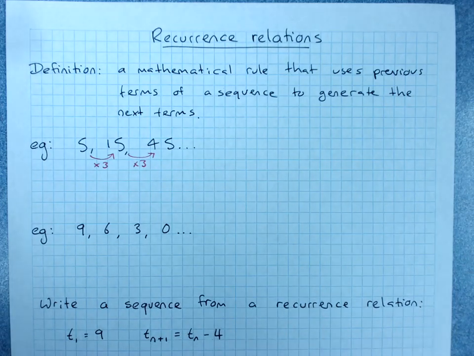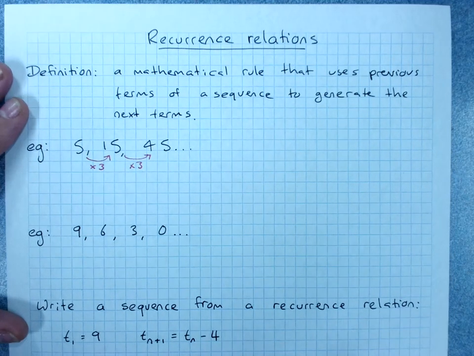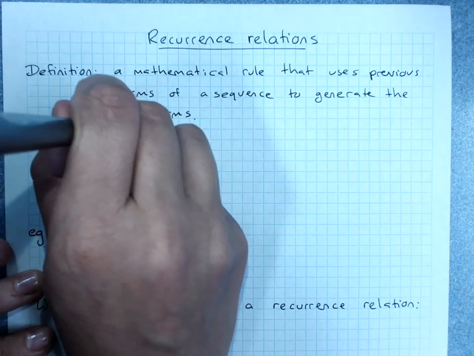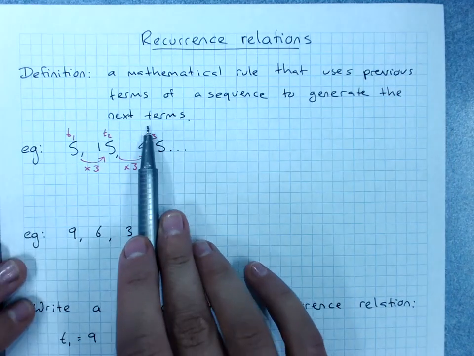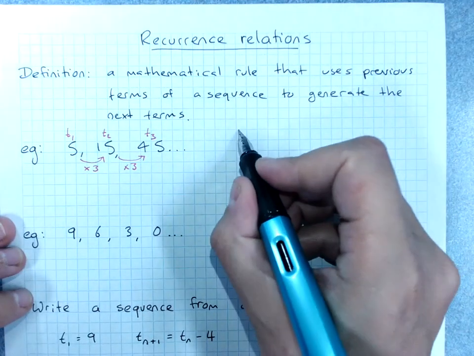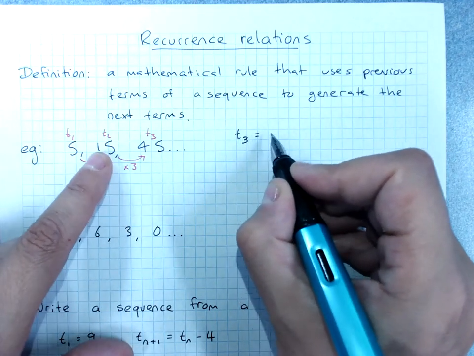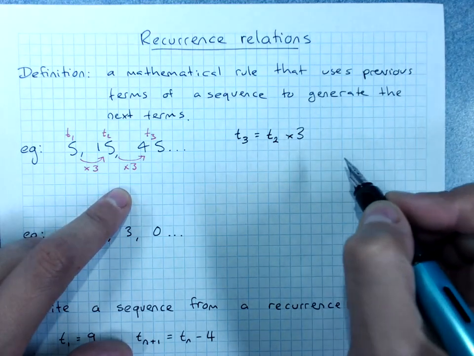And about the hardest bit in this is working out the notation, how we write it. Because this is term 1, this is term 2, and this is term 3. So I could say that I'd get term 3 by doing term 2 times 3.